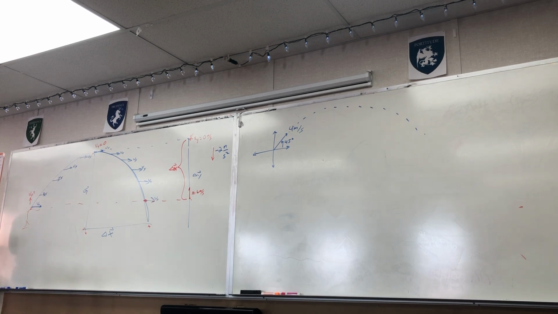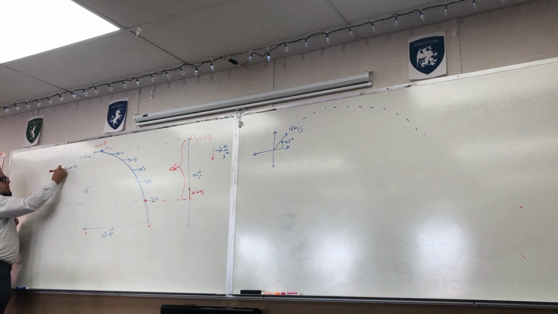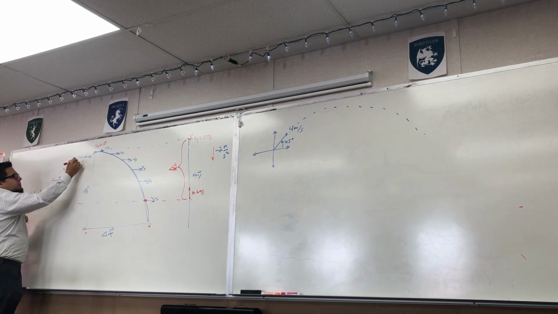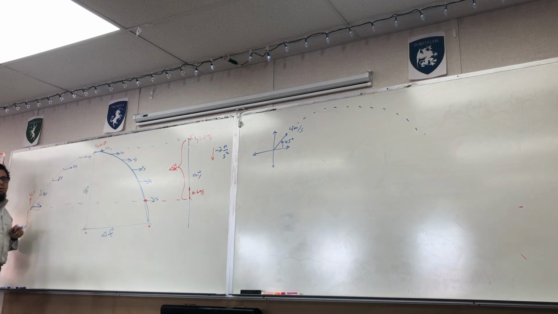Now, however, my velocity in the y direction doesn't do that. As soon as I throw it, it's got a Vy, but it gets a little bit shorter, a little bit shorter, to the point where it becomes 0 right there. It no longer is traveling up.